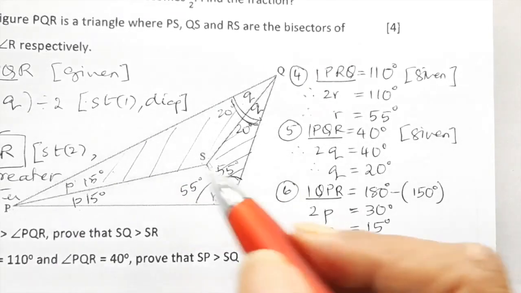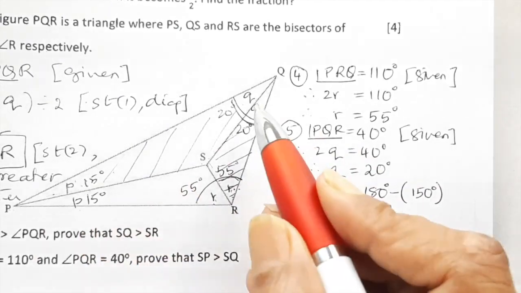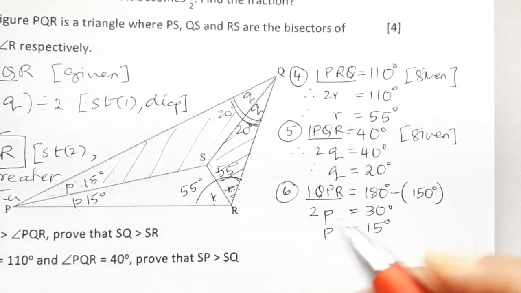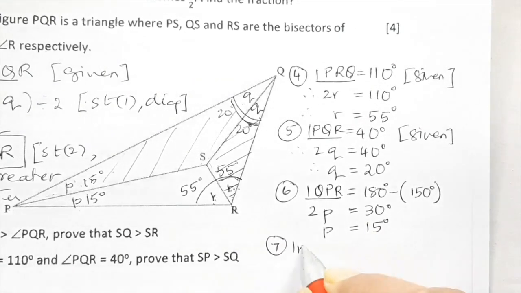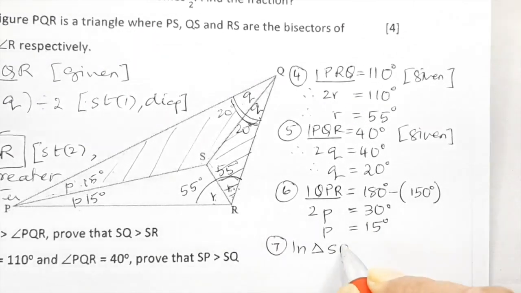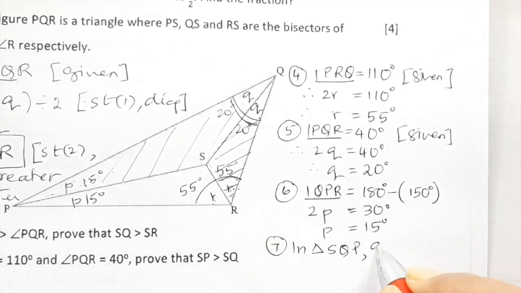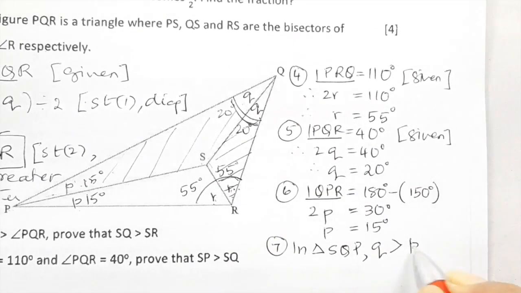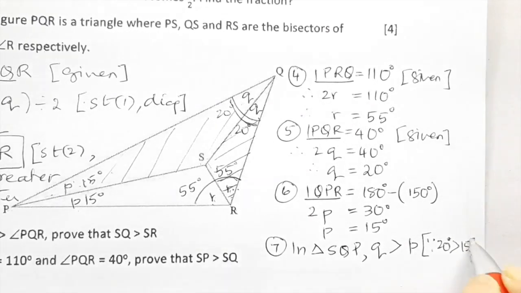All right. Now we have to look at this triangle. So in that we'll have the relation between P and Q. Q is greater than P. So we will say in statement 7, in triangle SQP, we have angle Q is greater than P right over there, since 20 degrees is greater than 15 degrees.